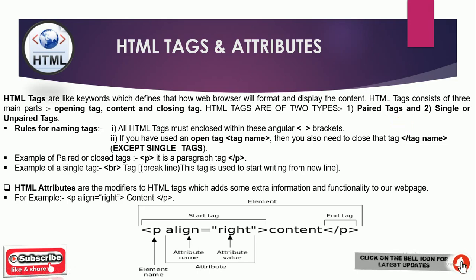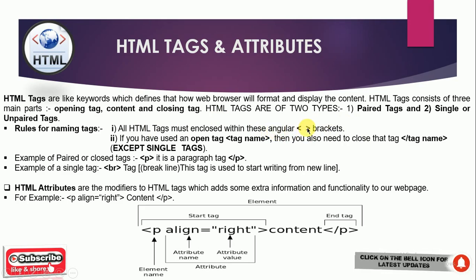Now there are some rules for naming the tags that must be followed. First, all HTML tags must be enclosed within angular brackets, the less than and greater than signs. Every HTML tag should be written inside these angular brackets.